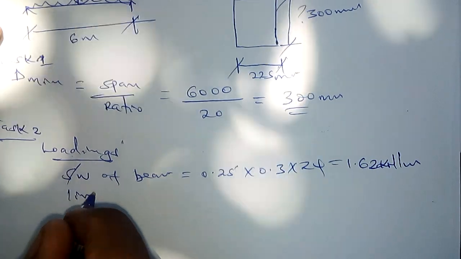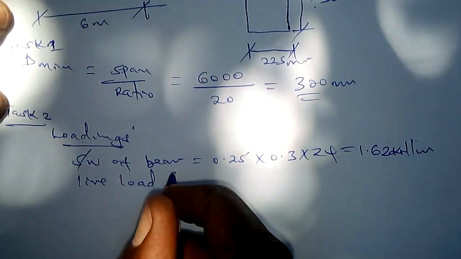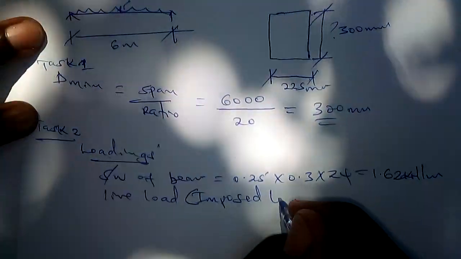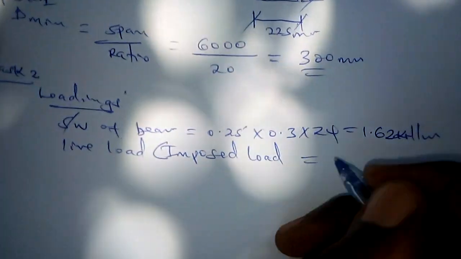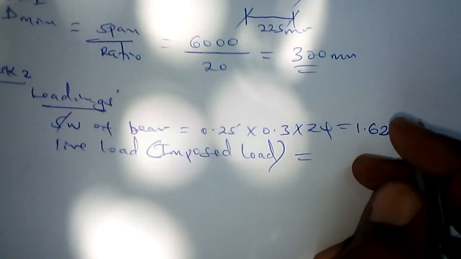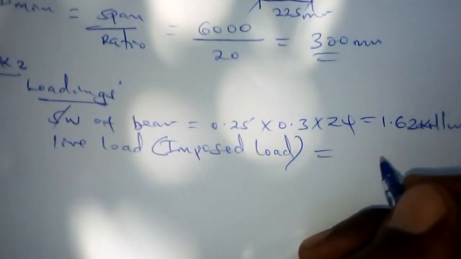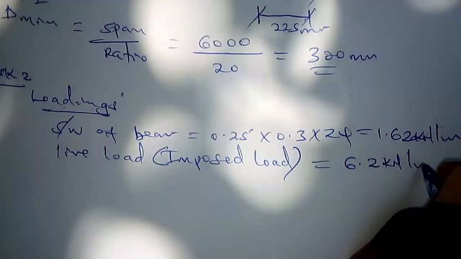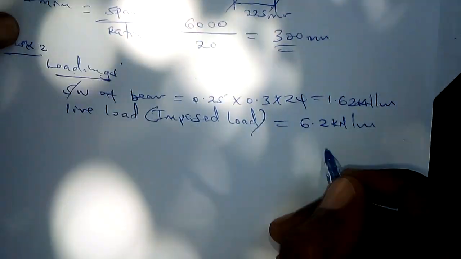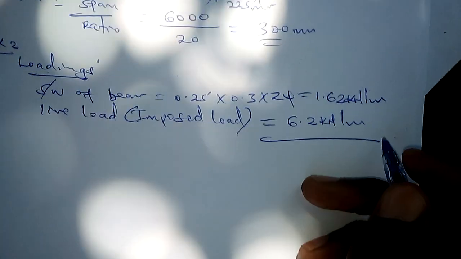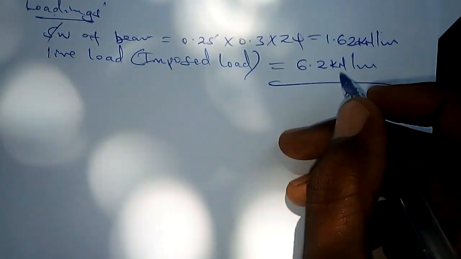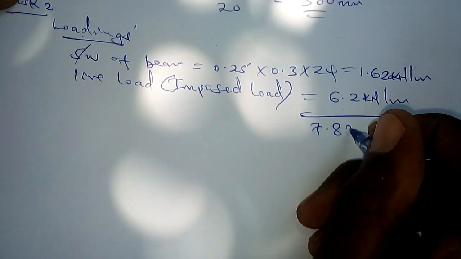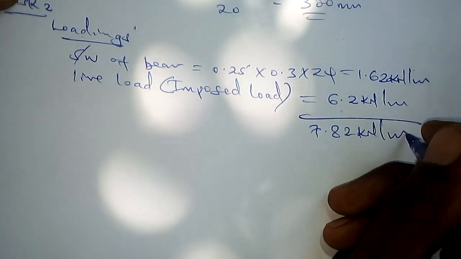Then we have live load, also known as imposed load. The imposed load, they said the live UDL, is 6.2 kilonewton per meter. So when you add this one to get the total loading, it is 7.82 kilonewton per meter. Good.